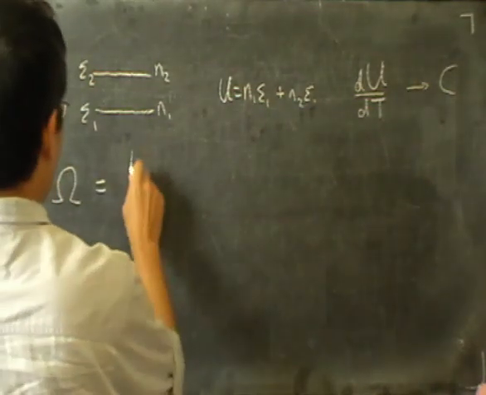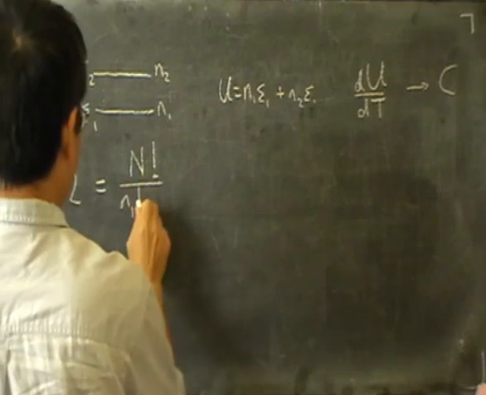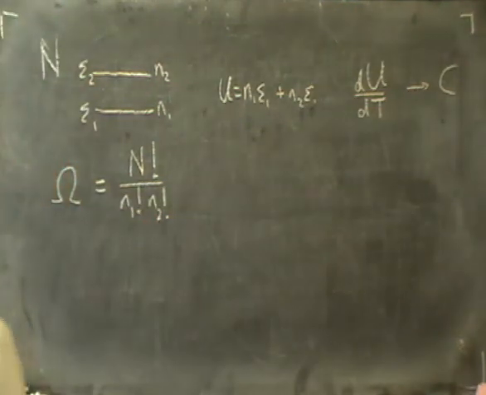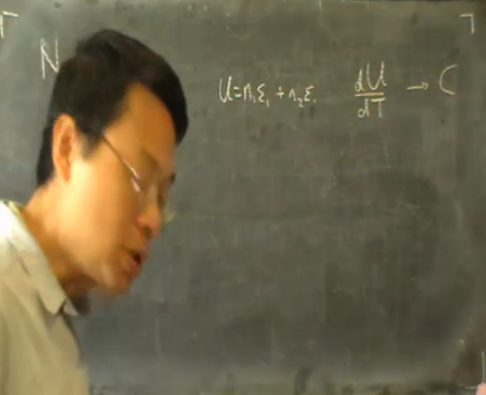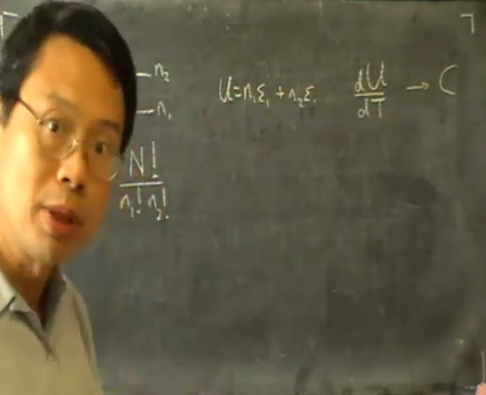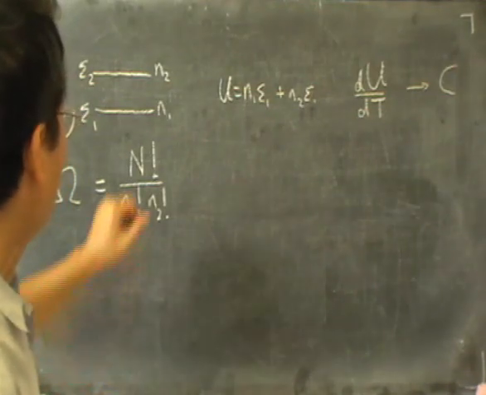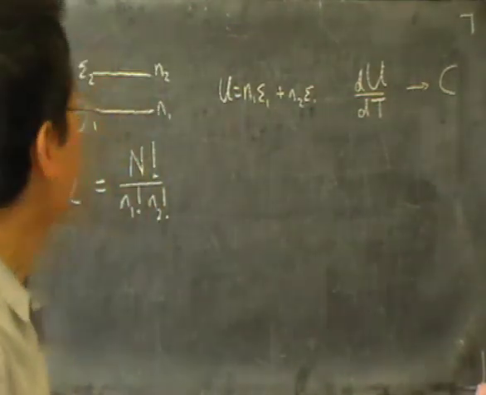And the formula is given by the total number of particles, big N, divided by N1 and N2. Now this number also gives us an idea of the probability of how likely it is to have N1 particles there and N2 particles there.